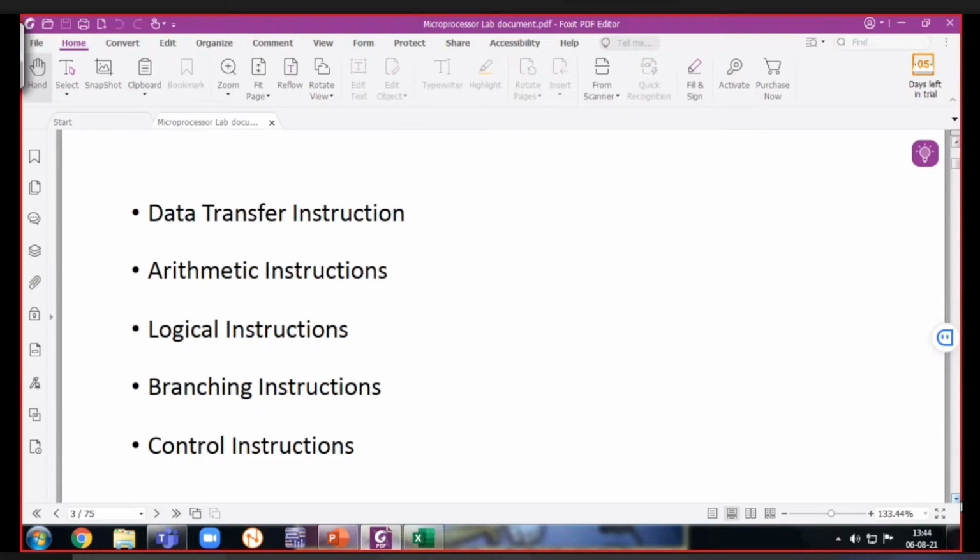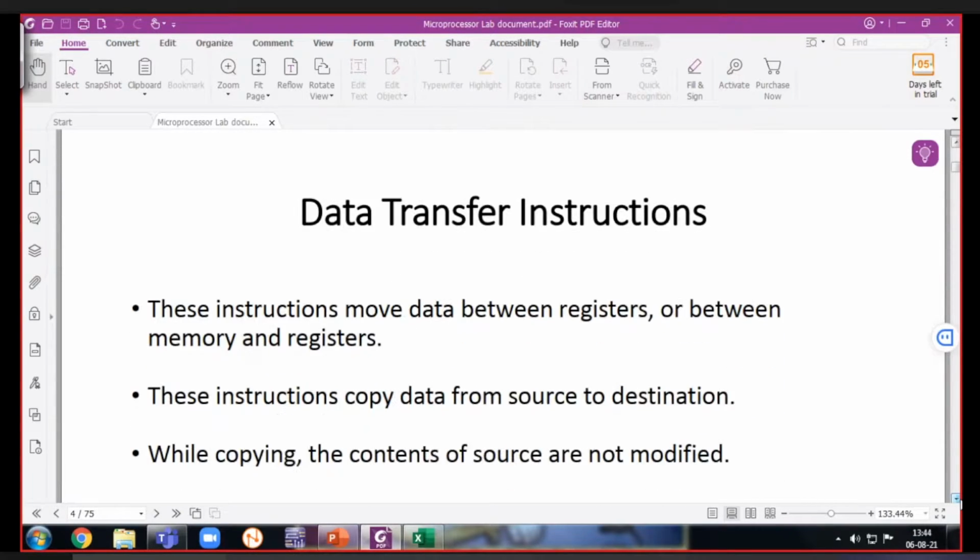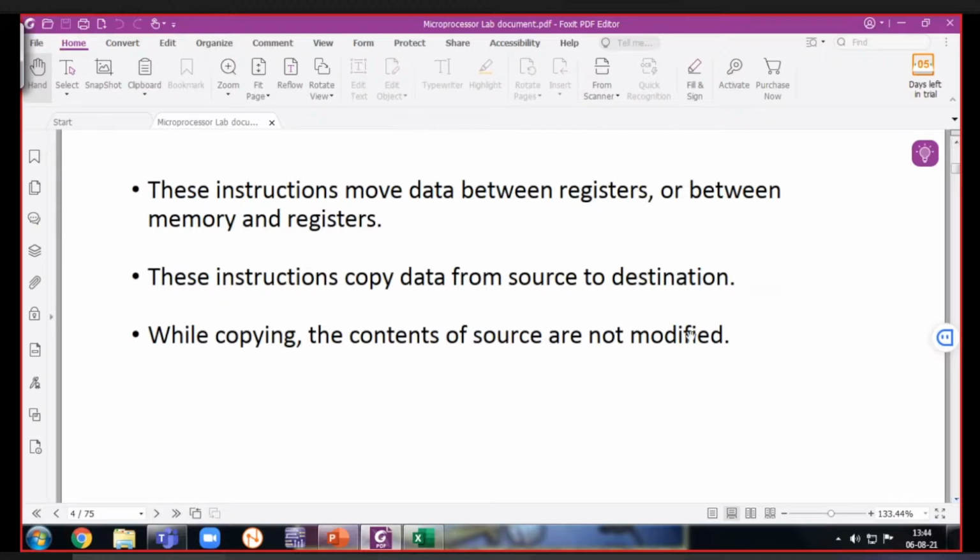Several instructions are there in this group. These instructions move data between registers or between memory and registers. They copy data from source to destination, and because it is copy, not cut, the contents of the source are not modified.